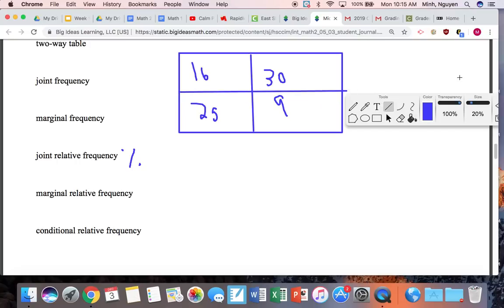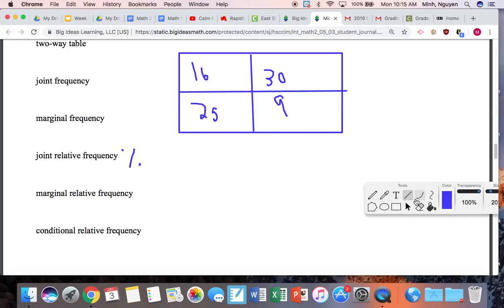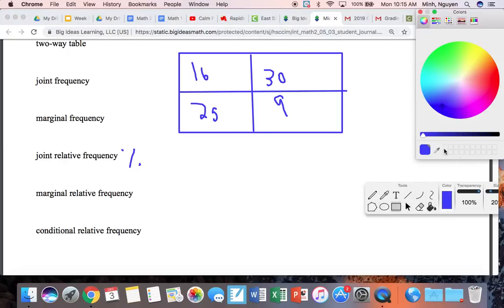The marginal frequency, think about what the margins are on a piece of paper. The margins are the edges. So the margins are the totals, and I'm actually going to put them in a different color to differentiate. Maybe green is a little harsh, it's a little bright. Let's go purple.